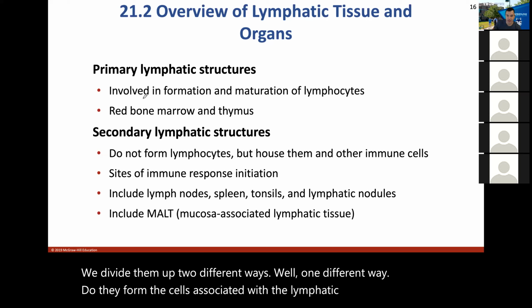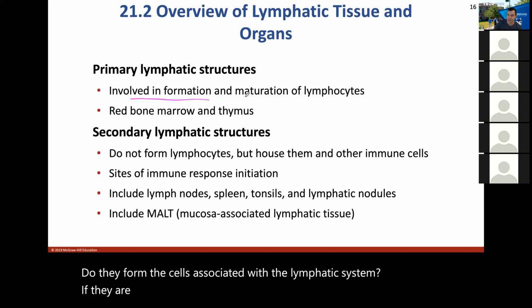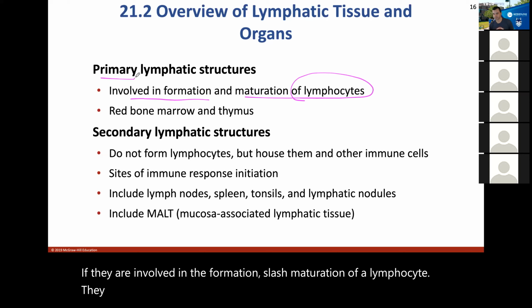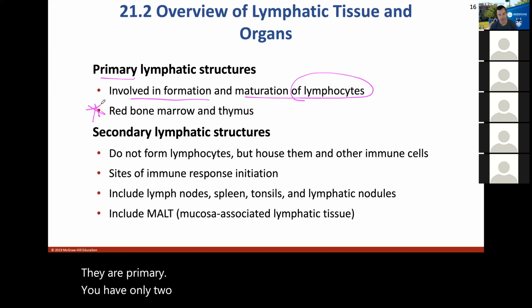If they are involved in the formation and maturation of a lymphocyte, they are primary. You have only two primary lymphatic structures: red bone marrow and the thymus. And we'll talk about these here in a second. Everything else is secondary.